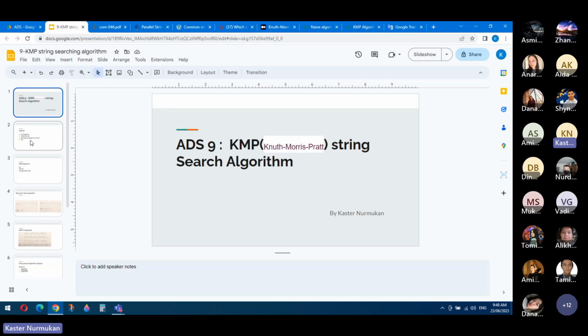But they can get the same performance, which we expected, linear time complexity, which is n plus n time.